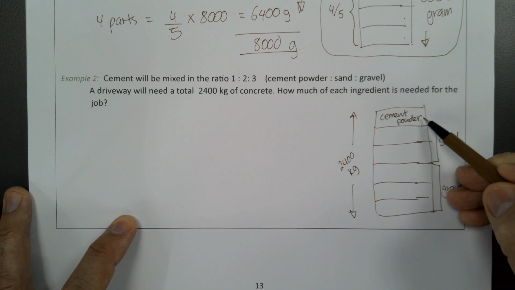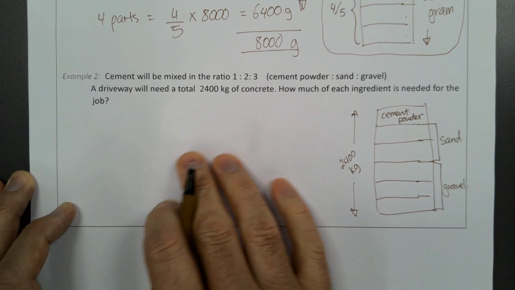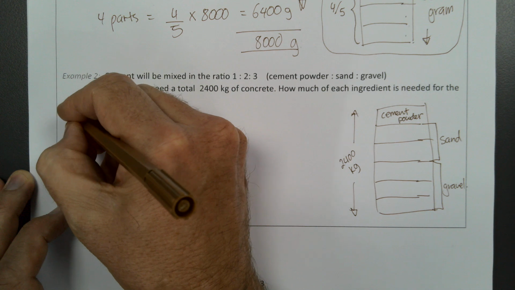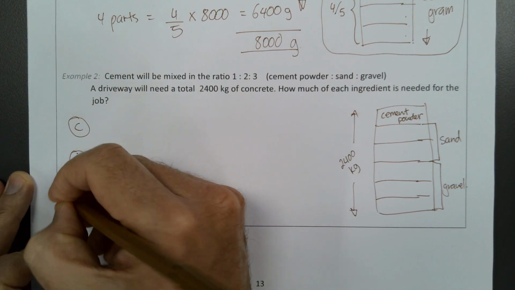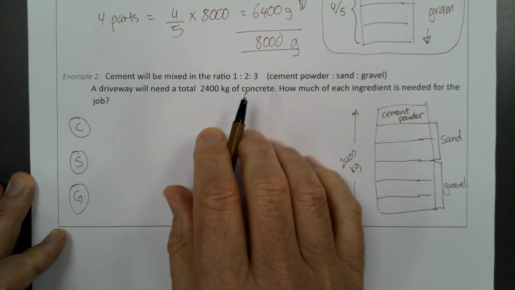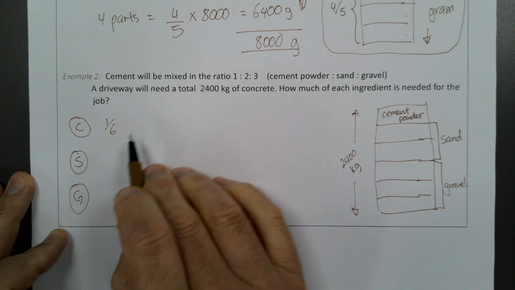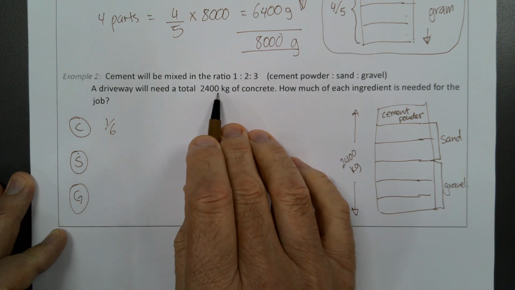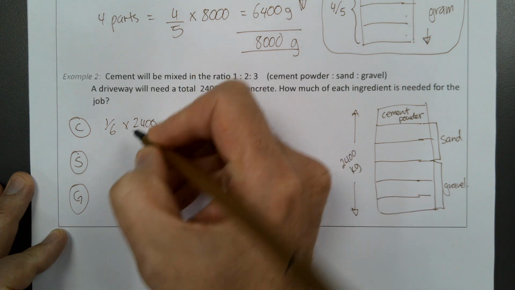So that's 1 part, that's 1 over 6. Let's get some headings there: C for cement powder, S for sand, and G for gravel. 1 part out of 6, so 1/6 of what? Of 2,400, because that's the final thing.